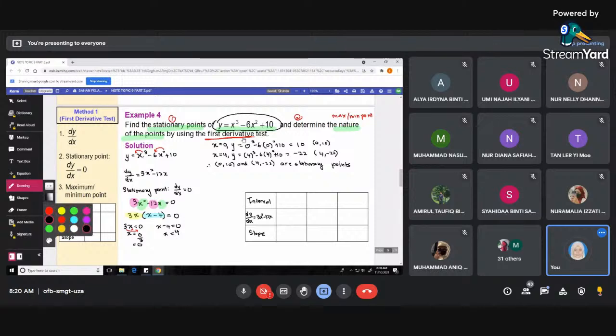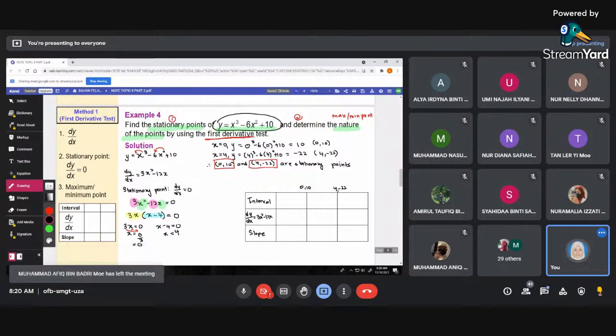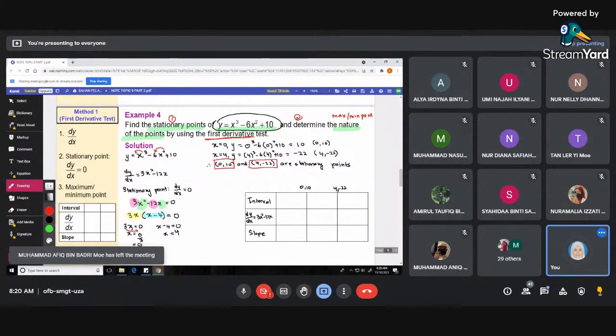Okay. So you have two stationary points. That means two in above, which is 0, 10. Increasing order tau. Awak tengok koordinat X je, iaitu 4, negative 22. Okay. Susun di sini ikut increasing order. Okay. So sekarang ni, saya highlightkan yang X sahaja.